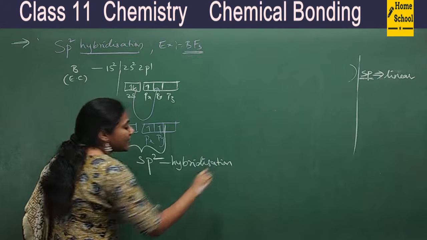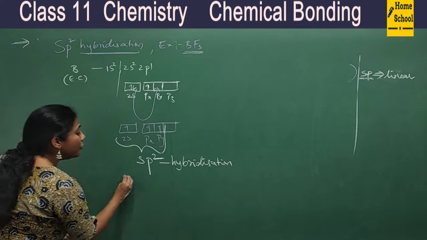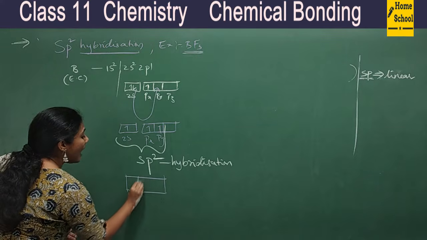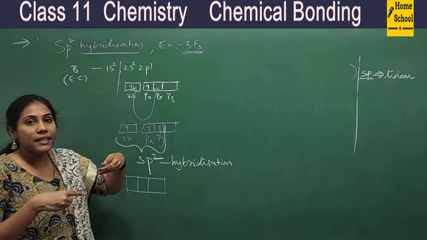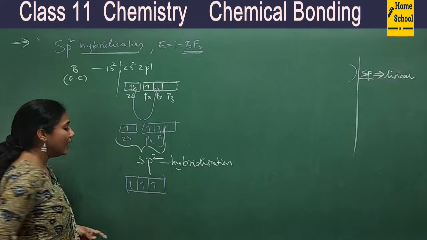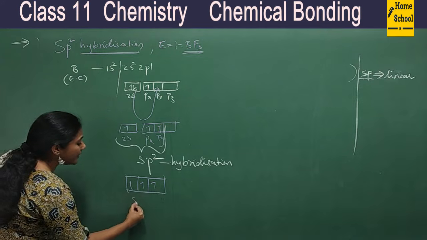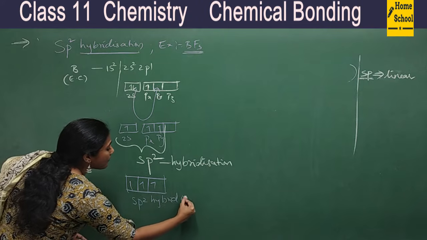sp2 hybridization. So how many new hybrid orbitals are we getting? We are getting 3 new hybrid orbitals. If 3 orbitals are intermixing, 3 new orbitals you will get with a single electron. So they are called sp2 hybrid orbitals.